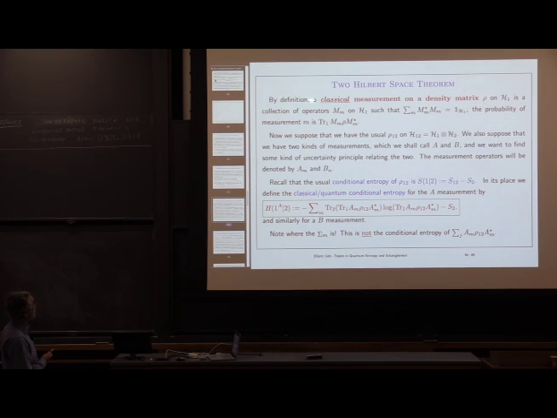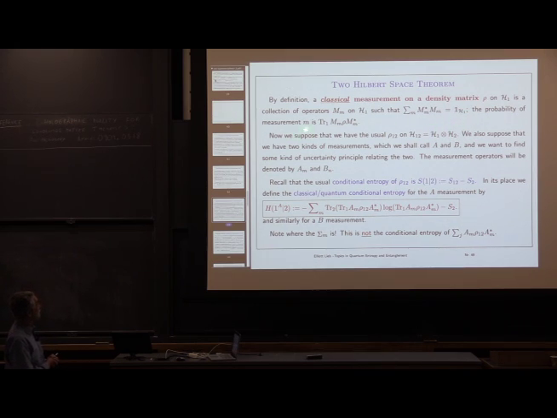Now, by definition, a classical measurement on a density matrix, rho, on the first Hilbert space, is a collection of operators. We had this definition before. It's a collection of operators M such that the sum of M star M is the identity. I'm doing it the other way around now. Remember, this is not the condition that the trace is preserved. This is the condition that the identity is preserved.